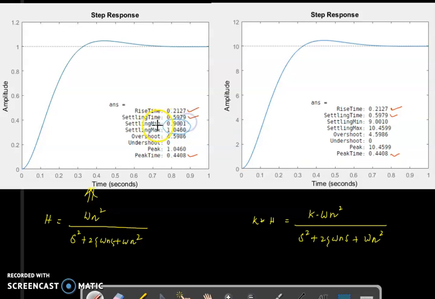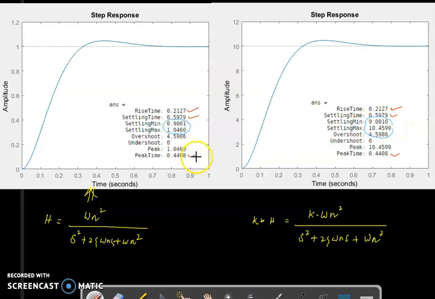By adding K, the impact is exactly on these parameters. See the settling minimum, it is 0.9, which is multiplied 10 times, so it becomes 9.0010 in the second case. Also settling max: the previous case was 1.04, but here it is multiplied by 10, so it becomes 10.45 in the second case.